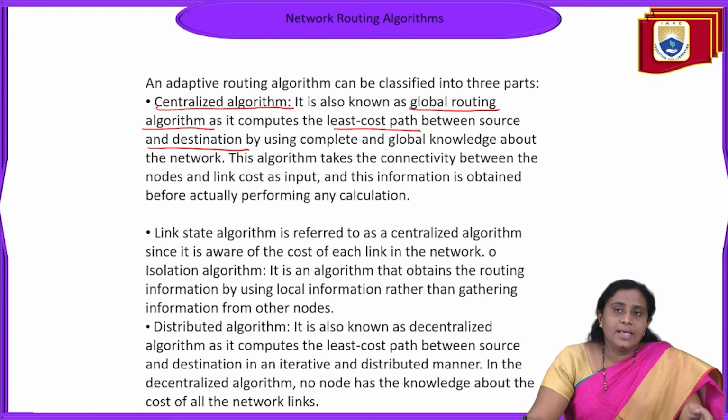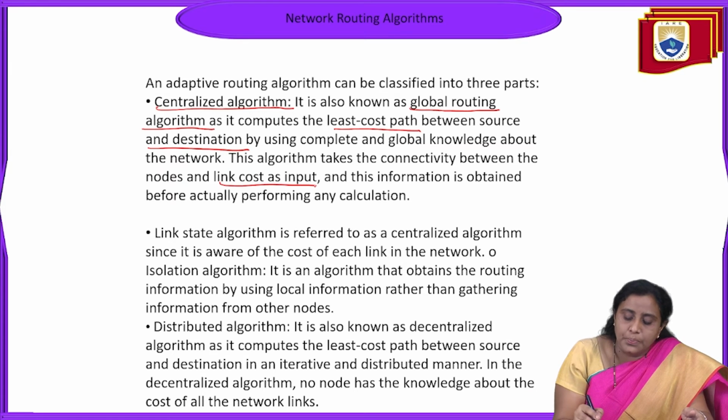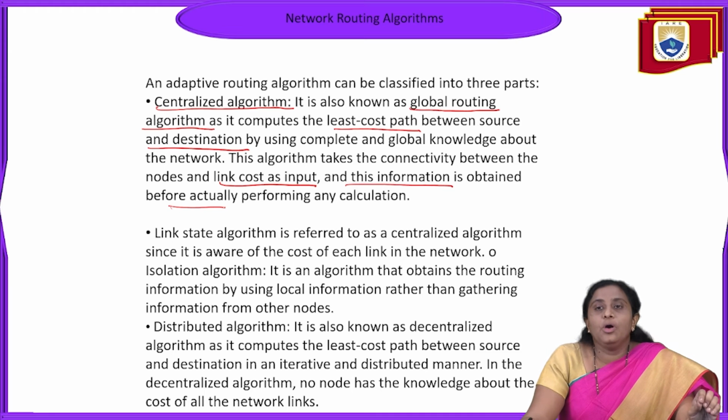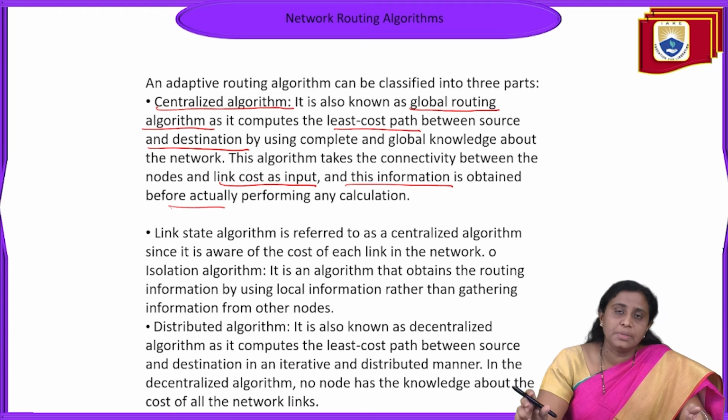This algorithm takes the connectivity between the nodes and the link cost as input, and the information is obtained before actually performing any calculation of sending the data packets from one source to another destination.